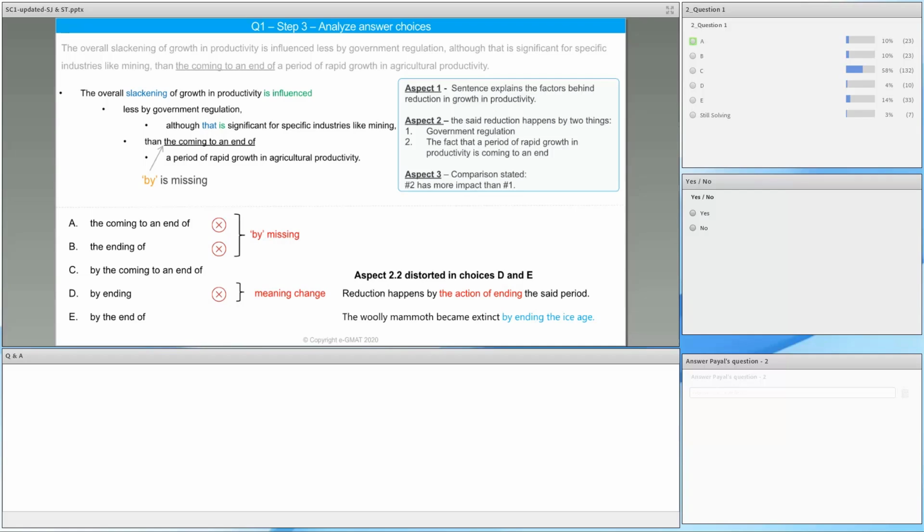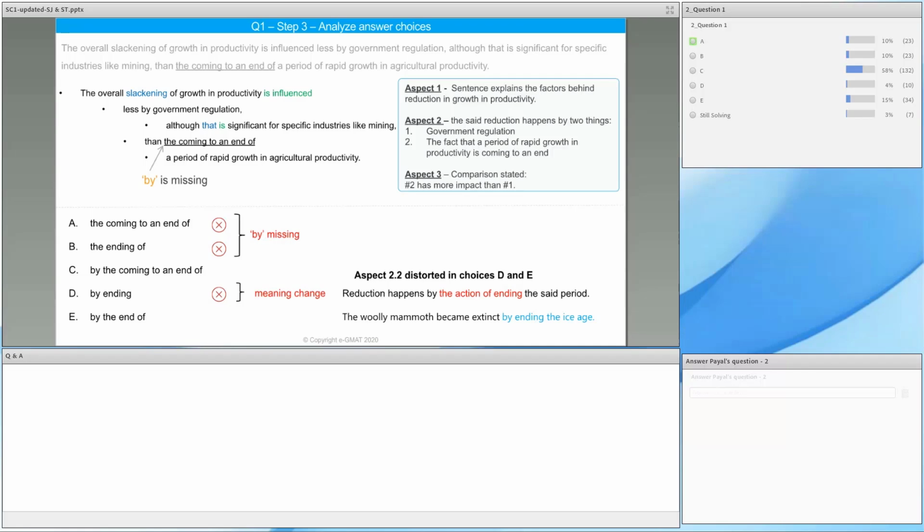So when we look at choice D, we see rejection happens by the action of ending the ice age, right? Remember that woolly mammoth. The woolly mammoth became extinct by ending the ice age. Somebody's doing this action. And that's not our original analysis, okay? Nobody did anything to end this period. The coming to an end is approaching, all right?